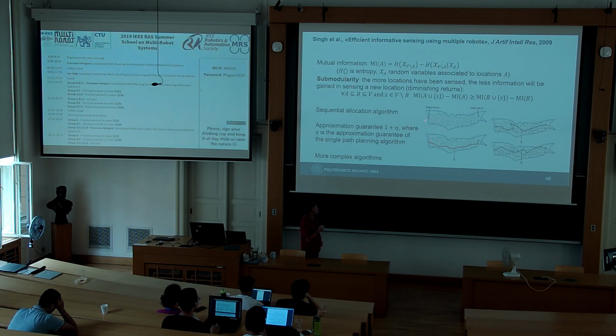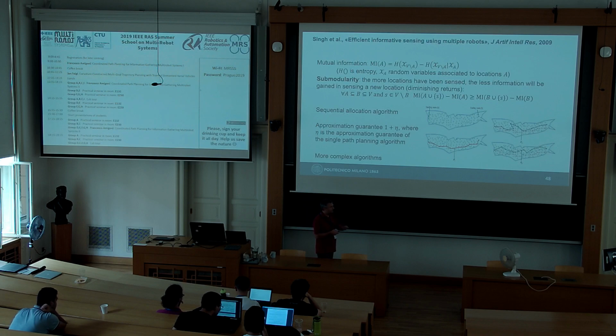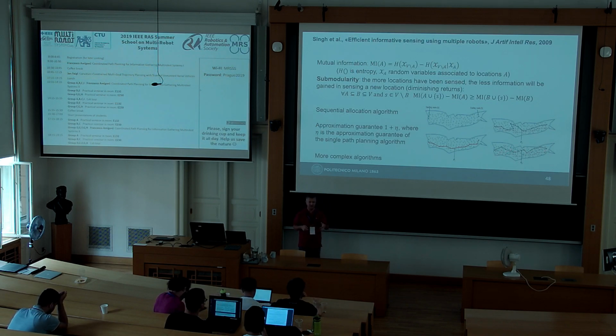So let's assume that in this case all the robots should start from this point and end up here, okay? And then we plan like this. We plan the optimal path for the first robot. Then we fix this path and we plan the optimal path for the second robot. Then we fix these two paths and we plan the optimal path for the third robot and so on.